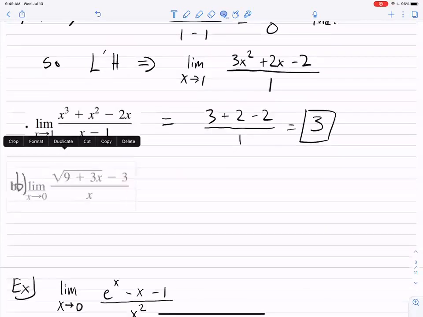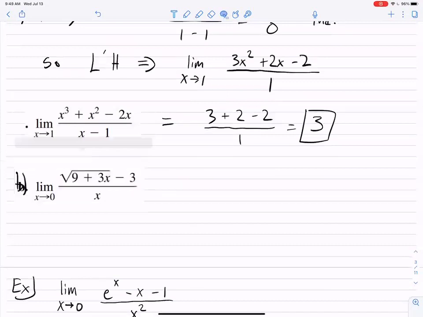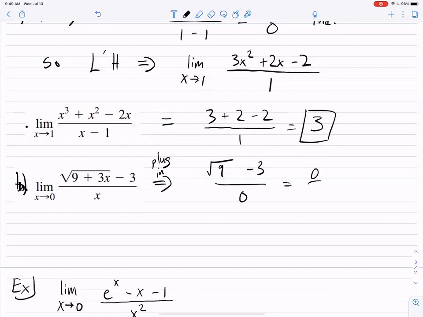Copy that guy, paste them. So if we plug in, what do we get? We get square root of 9 minus 3 over 0, which equals 0 over 0, indeterminate. And so L'Hopital's rule, what does that give us?